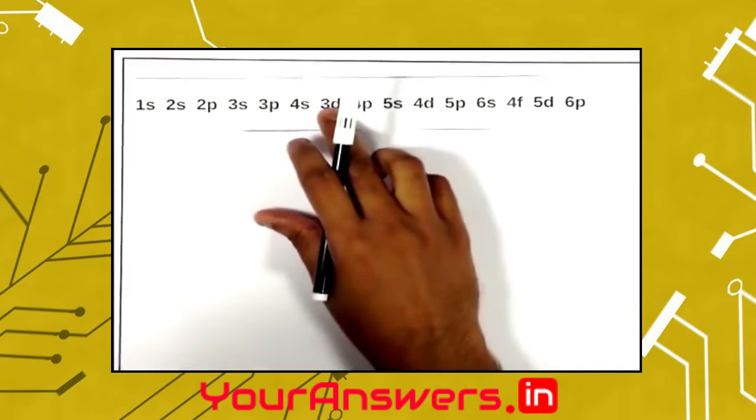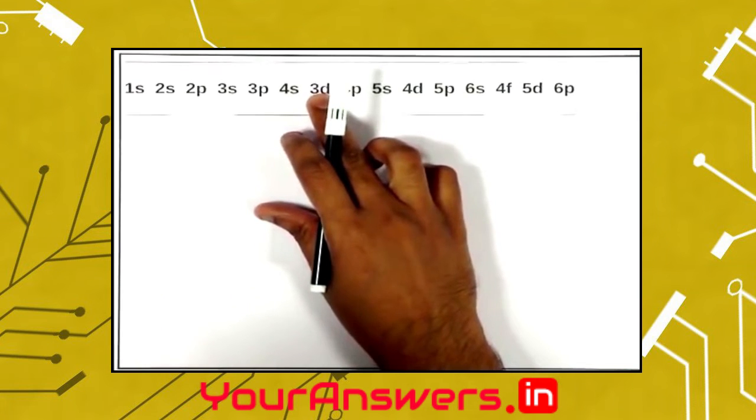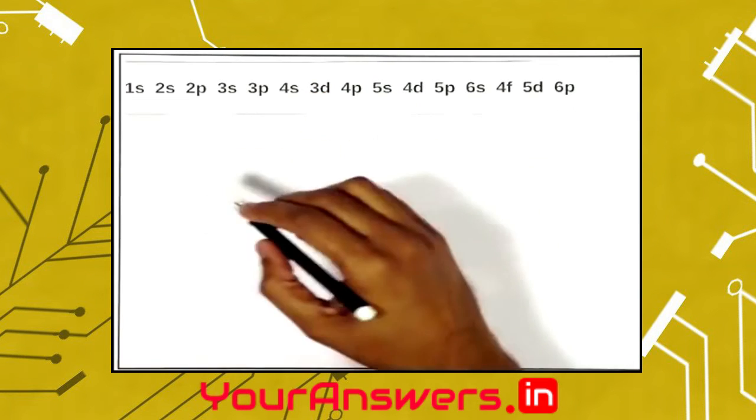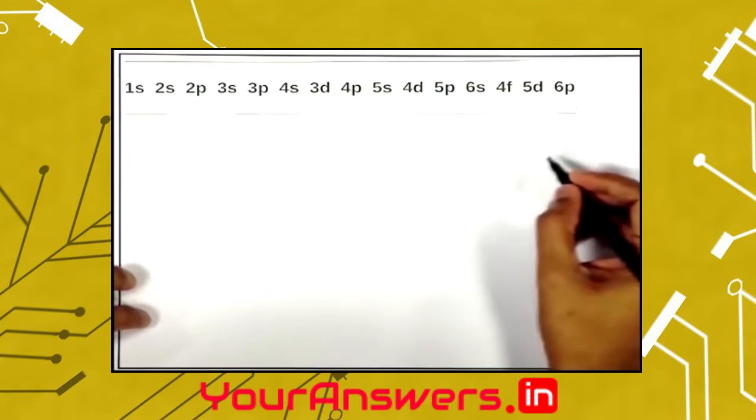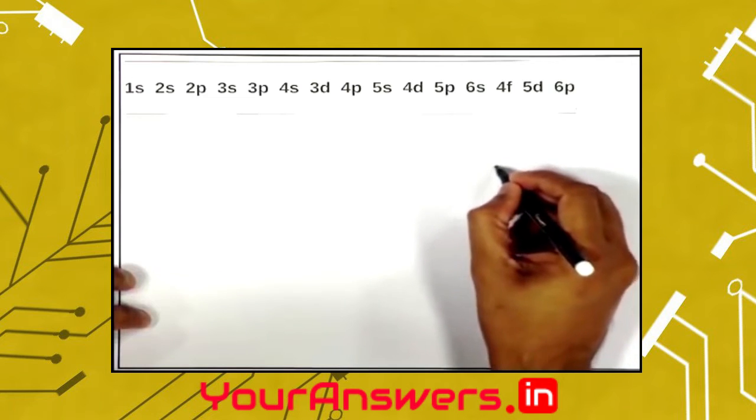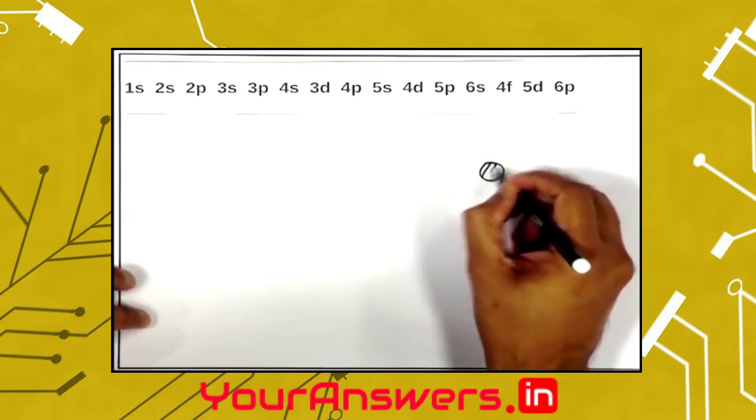So there are many interesting things that are happening in a multi-electronic system, and this is what we are trying to understand. In a multi-electronic system, of course we know that we have a nucleus.